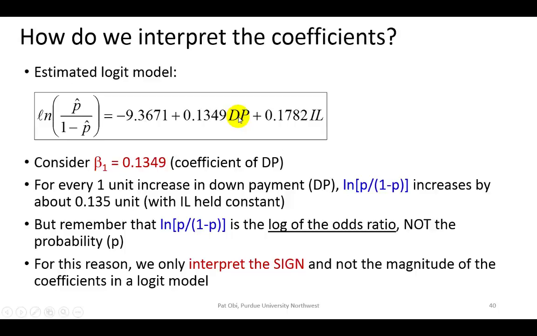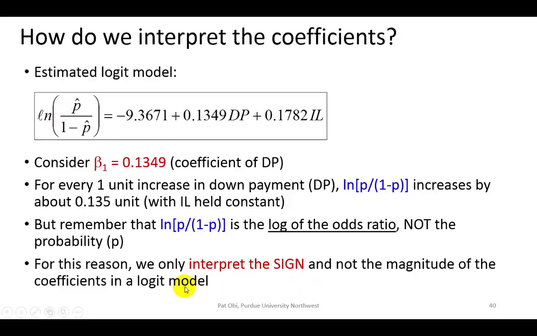Now, in the traditional fashion of interpreting regression coefficients, we would say that for every 1 unit increase in DP, down payment, the dependent variable here increases by about 0.135 units for a defined level of income to loan ratio x2. Now though, remember that this dependent variable here is the log of odds ratio. It isn't the probability, which is what we're gunning for.